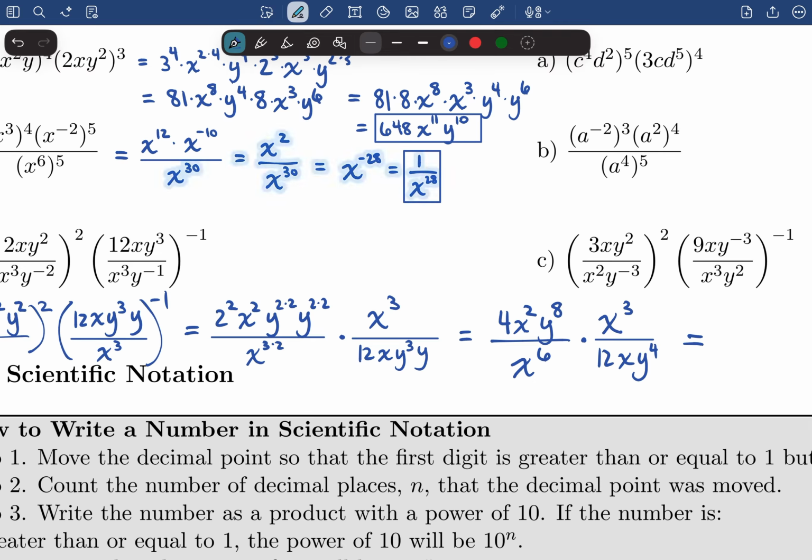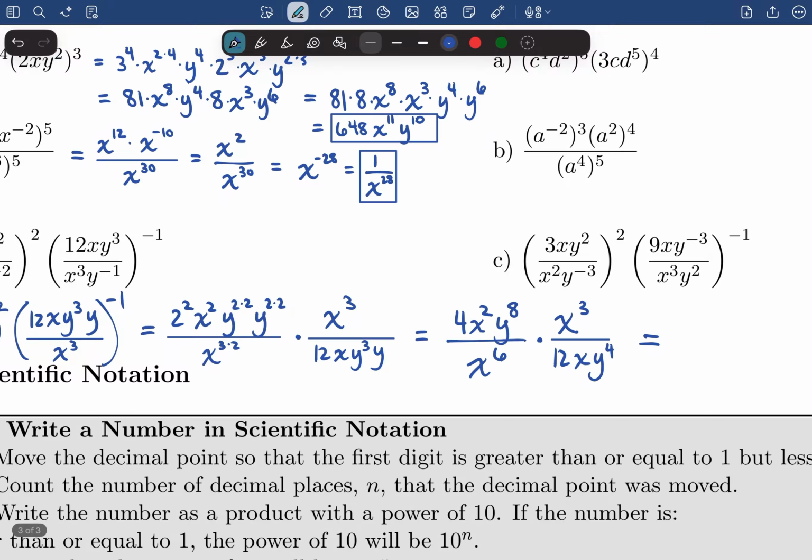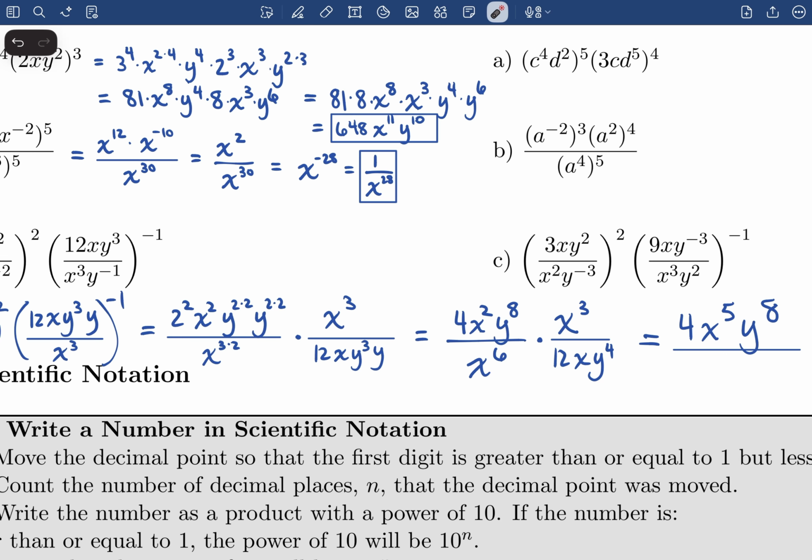In fact, you could start to think, how can I simplify this further? Well, we could take the x squared and the x cubed and add them together since there's multiplication between them. So these pieces can become, well, x to the fifth, right? 4 times x to the fifth times y to the eighth. And then on bottom, combining pieces together, I see x to the sixth and x to the first, multiplication between them.